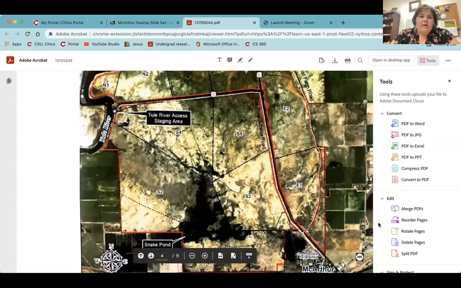Okay, so this is one of the images off of that slide set that is in the grazing management plan folder.